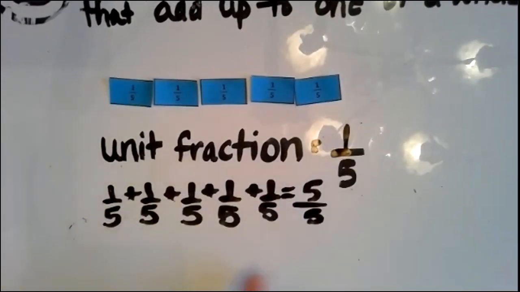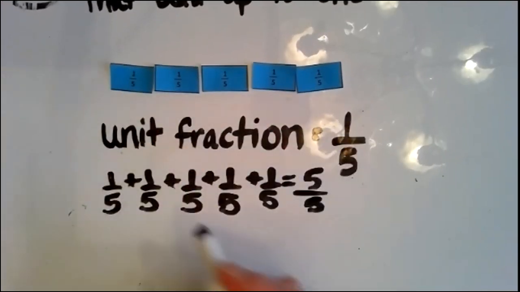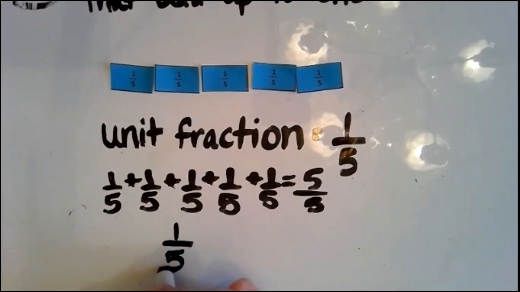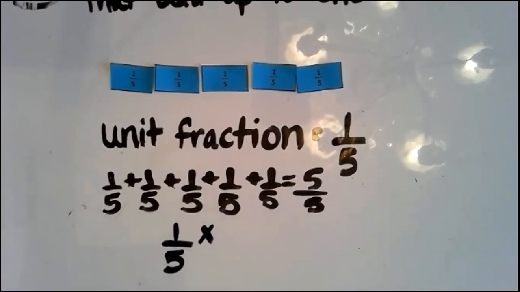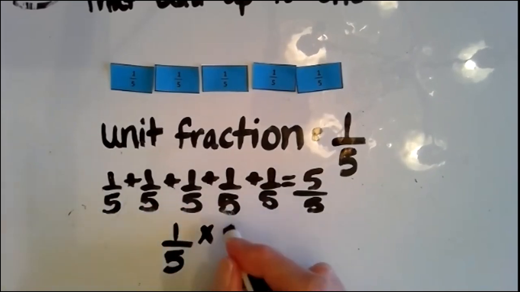We know that that can be written as a product of a whole number and a unit fraction. I'm going to write my unit fraction. I think of multiplication when I hear product, and now I'm going to check how many groups of 1/5 were needed. 1, 2, 3, 4, 5.